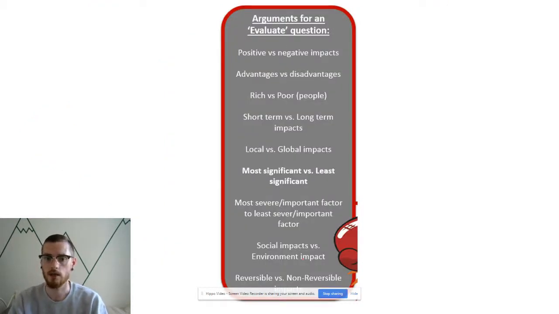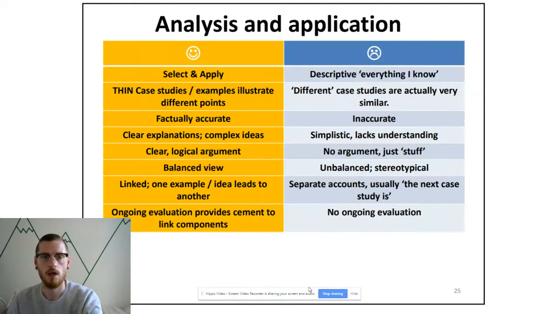Pause now and read these, but maybe something like reversible versus non-reversible impacts, okay? I don't know, adaptation versus mitigation here, okay? Or just breaking it down into the fact that they are maybe higher on the HDI or lower on the HDI, okay? So break it down into 2 clear sides of the argument.